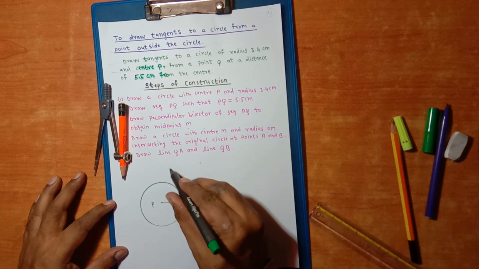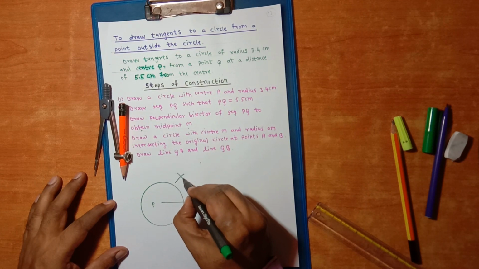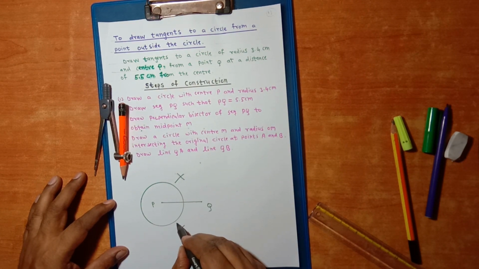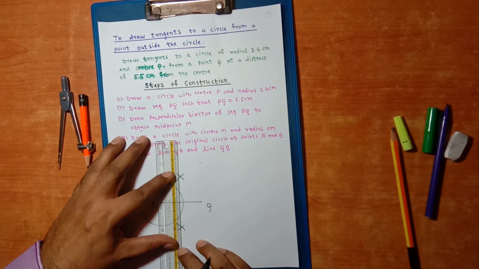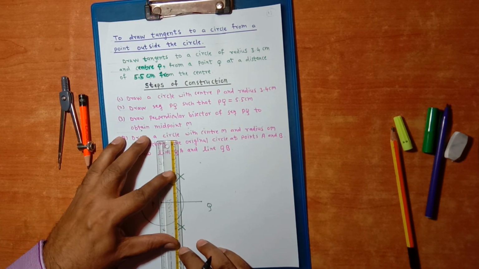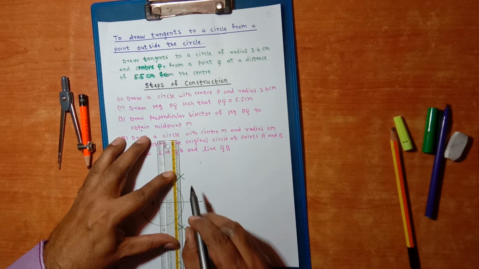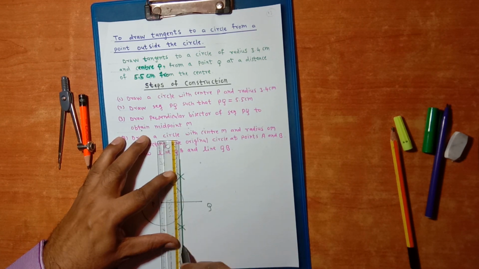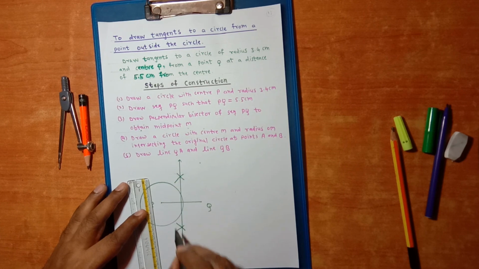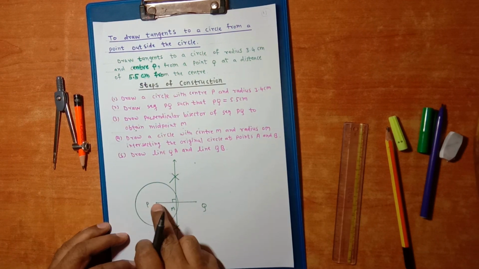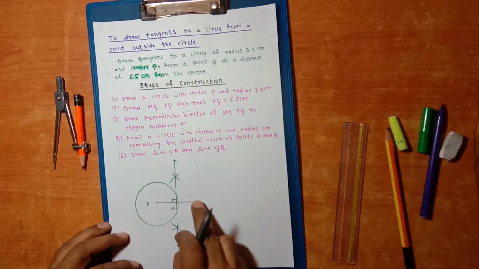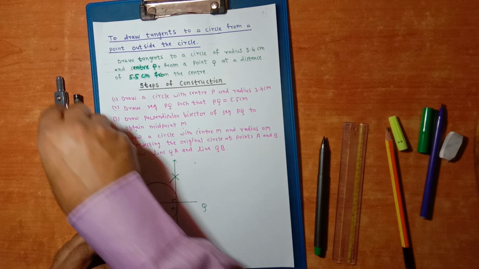Now these are the points of intersection. So here is my point M, which is on the perpendicular bisector of segment PQ.